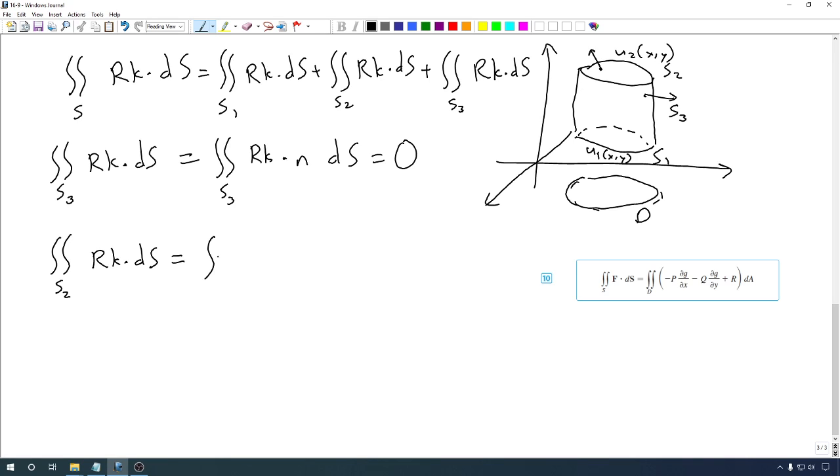So we can turn this into the double integral over D of R dA. Though, instead of writing R dA, let's write this as R of x, y, u2 of x, y dA. So basically, we're putting in the value of z for the z value. The z value here is u2 of x, y.